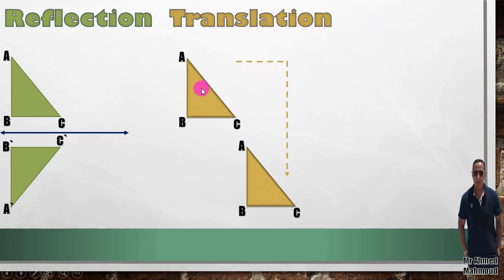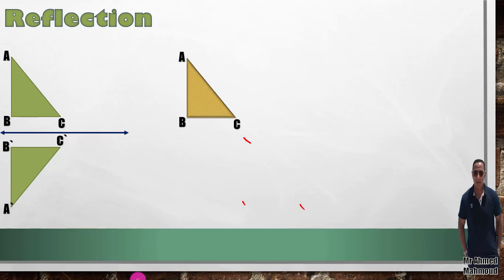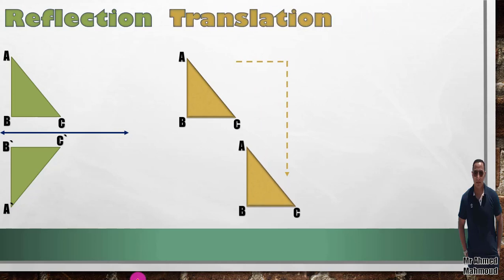Now again, ABC is the original triangle. Its image is like this. A dash is the image of A, B dash is the image of B, and C dash is the image of C. Also, this one is called translation. This is the second transformation.